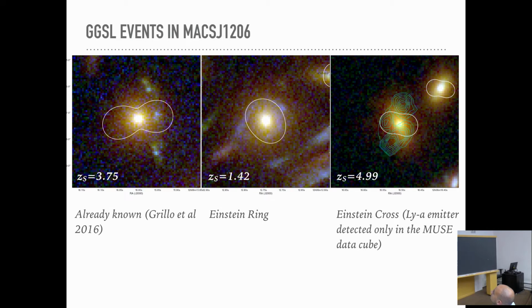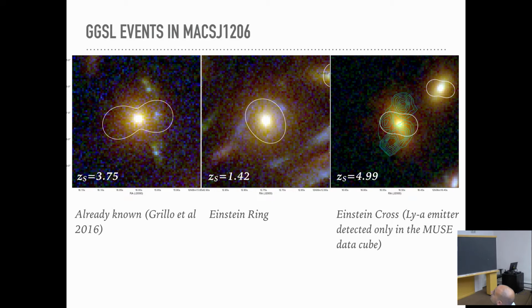So we see quite a significant number of events. If you think this is a field of view of a few arc minutes, typically in the field we expect to see maybe 0.5 galaxy strong lensing events per square degree. Here we are seeing a higher rate by a couple of orders of magnitude at least.